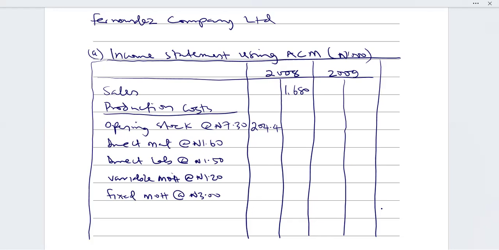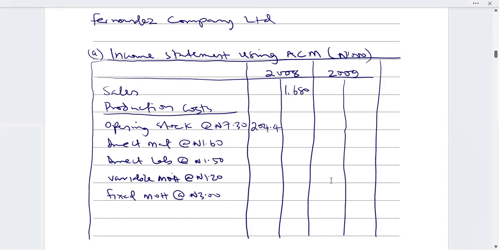So at this point, I would then go back to the question to multiply the actual unit produced for that period for 2008 with the cost per unit. So in 2008, how many units were produced? 200,000 units were produced.